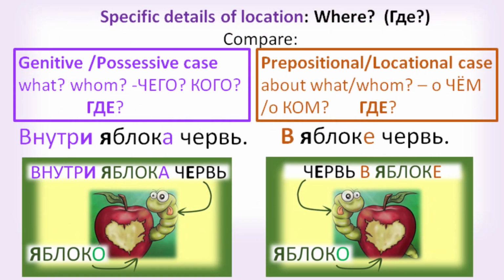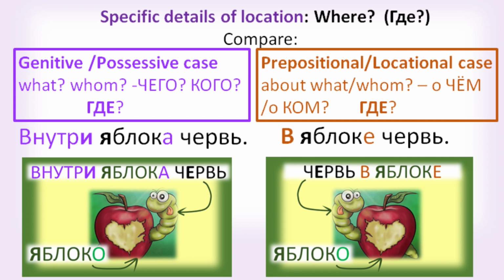Compare questions for the genitive case and the prepositional case. In the first column, где is used in reference to specific details of locations and needs specific prepositions such as внутри. Внутри яблока червь.